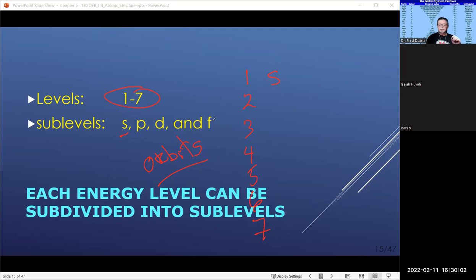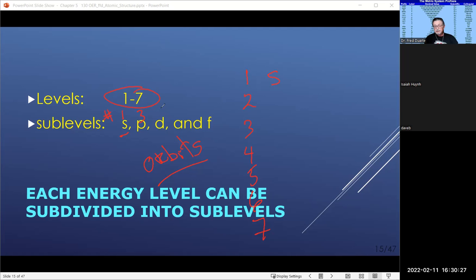Now I'm going to throw another number at you. There's only one S. Simply, that's it. There's only one S orbit. The P's, there are 3 of them, okay?